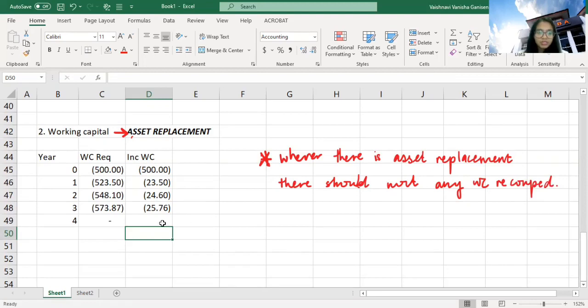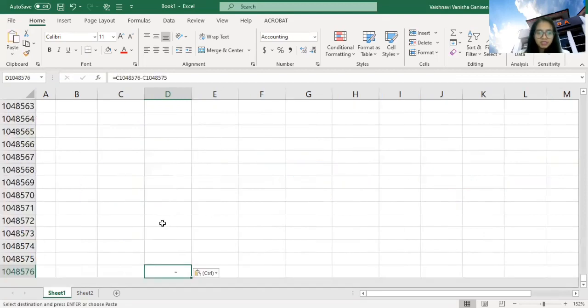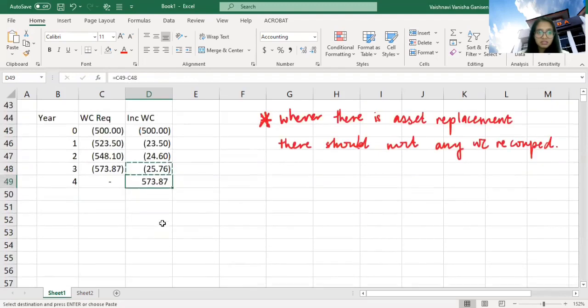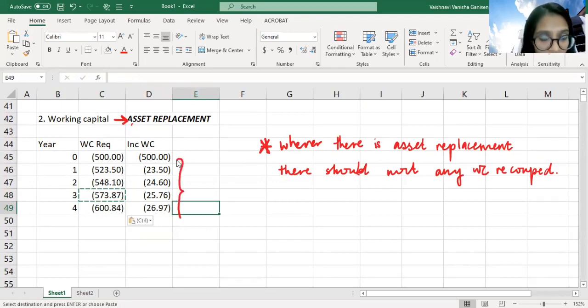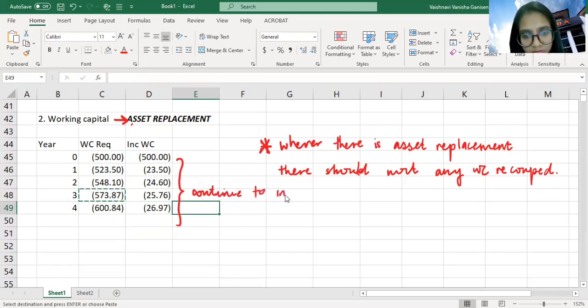Okay, now here you just copy and paste it here. What I mean is, you will continue to incur incremental working capital. Continue to incur incremental working capital.